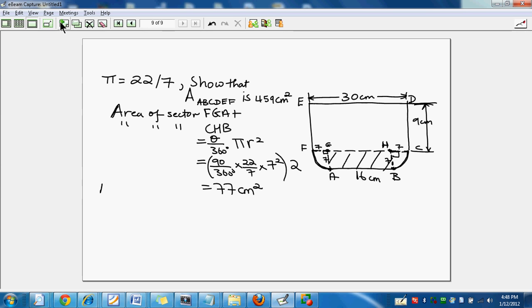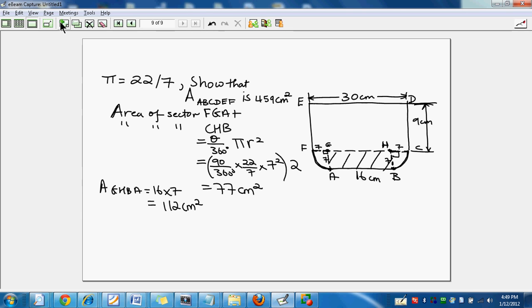The area of GHBA is simply length by breadth, and we'll use AB by GA, which is 16 by 7. That works out to 16 multiplied by 7, which is 112 cm squared. So the area of GHBA works out to be 112 cm squared.